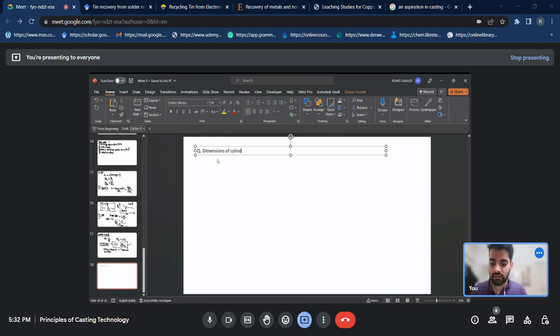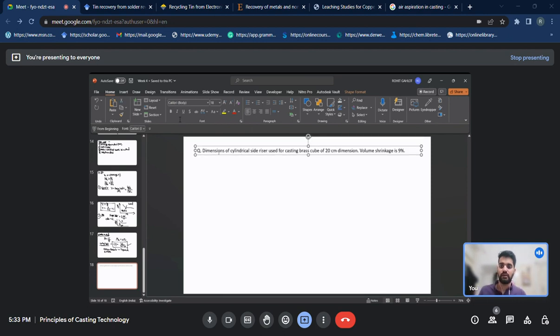The question is: the dimension of the cylindrical side riser which we need to calculate, used for casting a brass cube of 20 centimeter dimension, if the volume shrinkage is 9%.